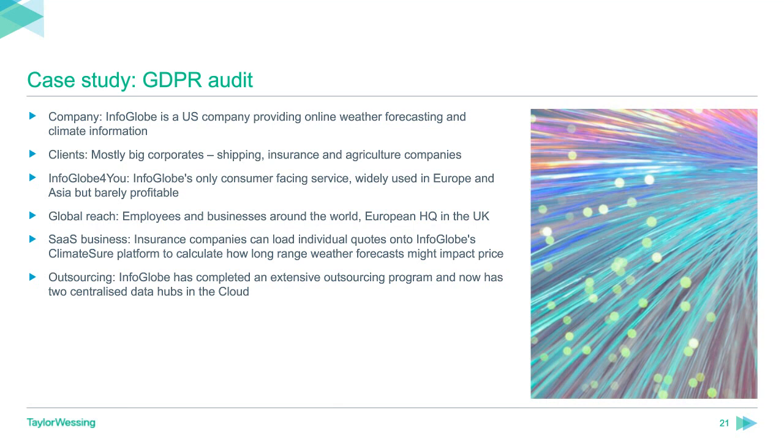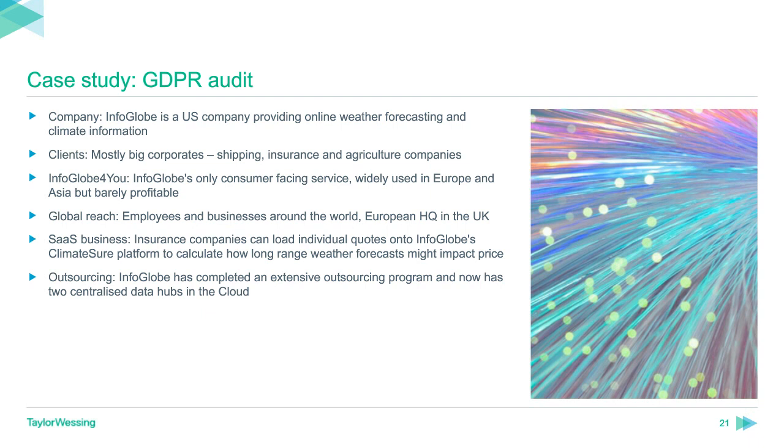What are the key facts about Infoglobe in terms of the company and its presence and its size, etc.? Let me just give you a few features of that here. Infoglobe is a US company providing online weather forecasting and climate-related information.